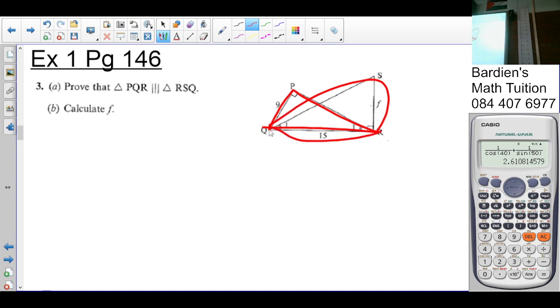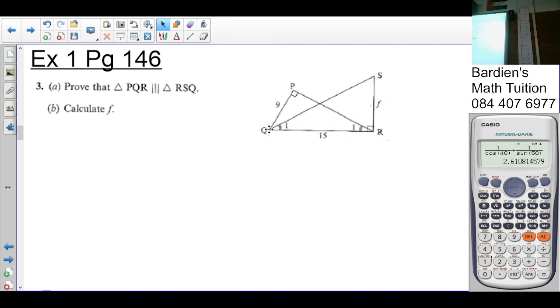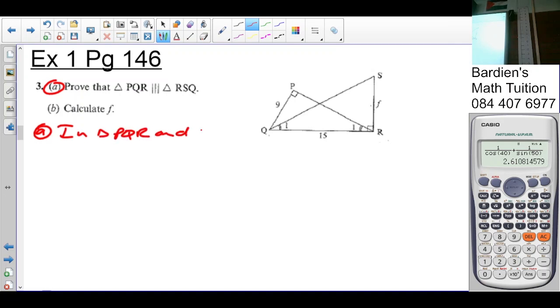How do we start this off? We say in triangle PQR and triangle RSQ. For similarity, we prove 3 angles are equal, not so? So now which angles are equal here?